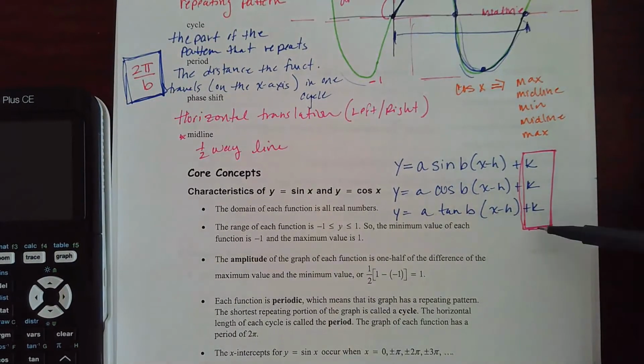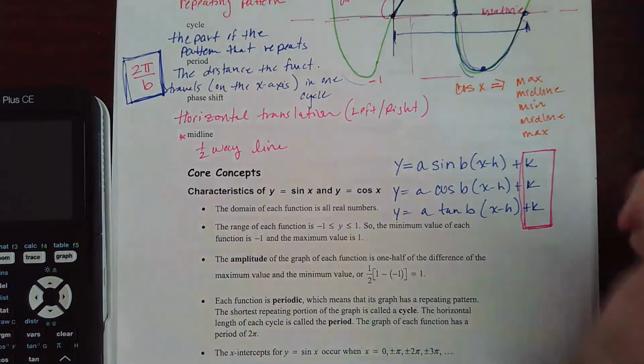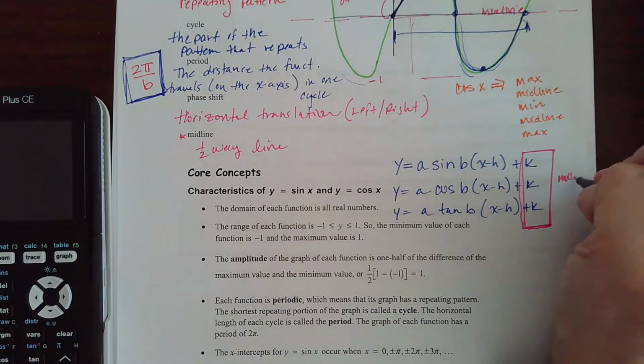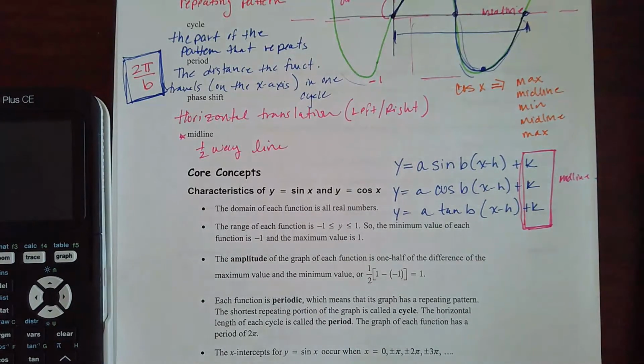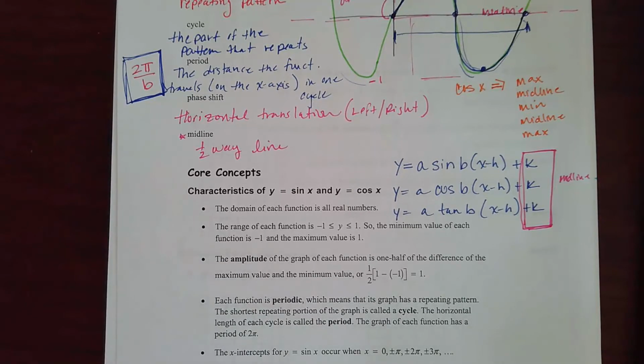Well, the k value in your trig functions is going to be your midline. It's less true for a tangent function, but we'll get to that in a little bit. So the k value is where your midline is going to be. That's your halfway point, right? It'll help us when we're drawing these graphs to have that information.